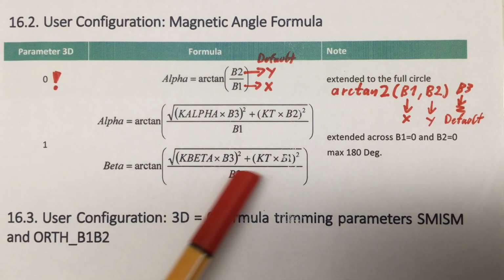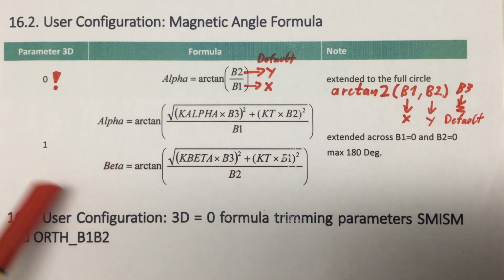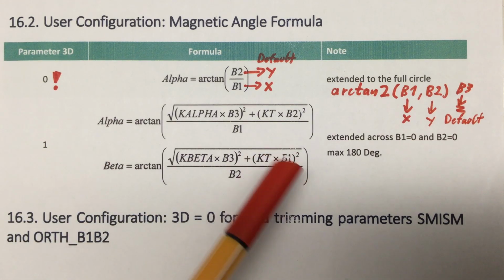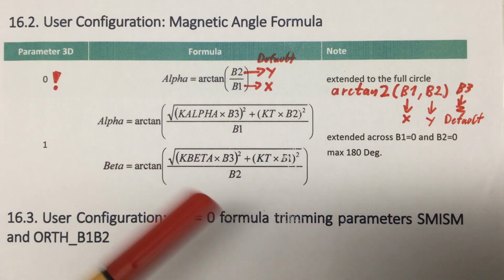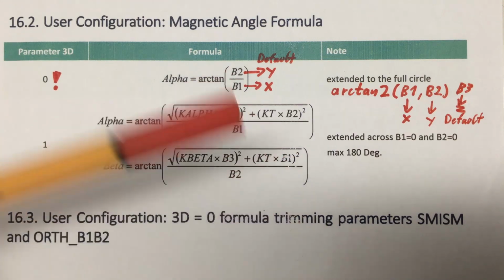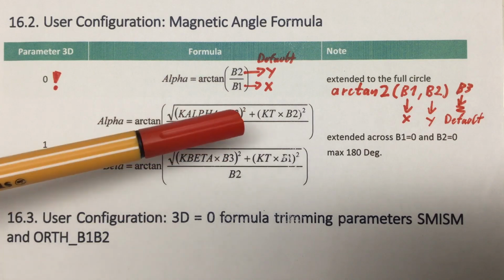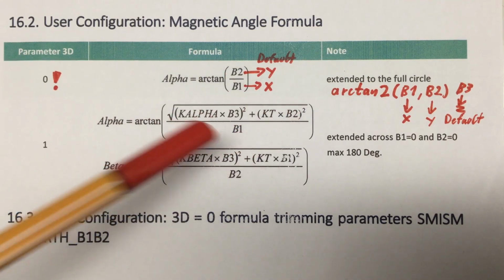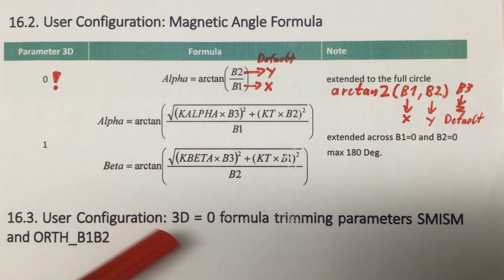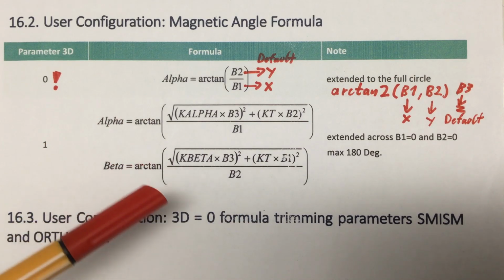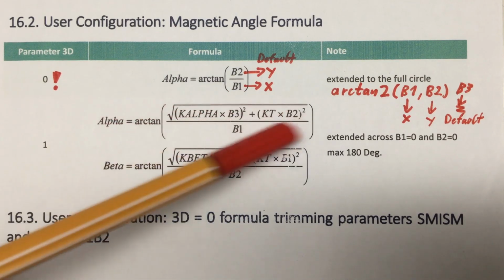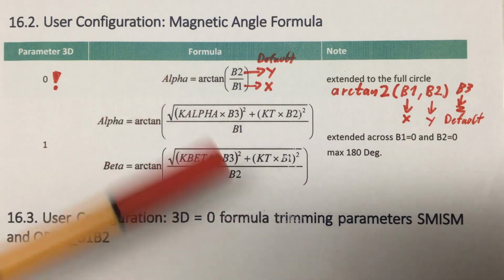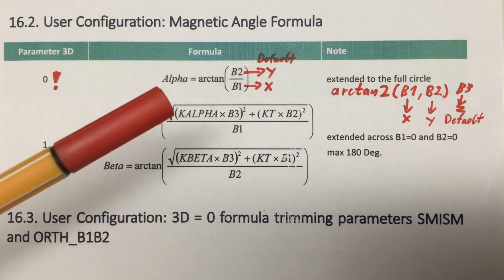But then we use the same KT in the beta formula to scale the X, that is B1 signal, to the Y, that is B2 signal. That is, in effect, you cannot use KT to scale B1 to B2 and vice versa. Unless, of course, these formulas are not quite correct. But we will find that out in the future, hopefully.